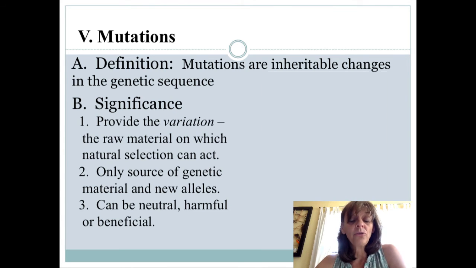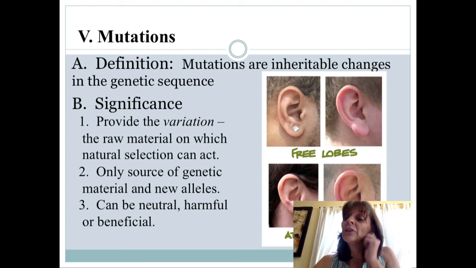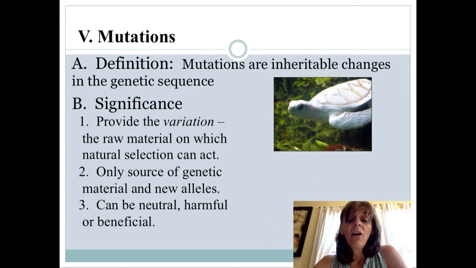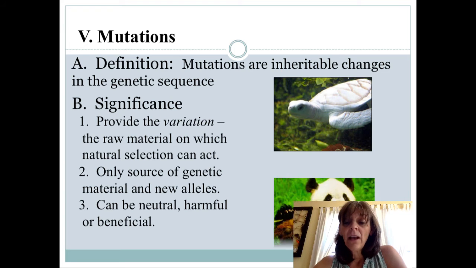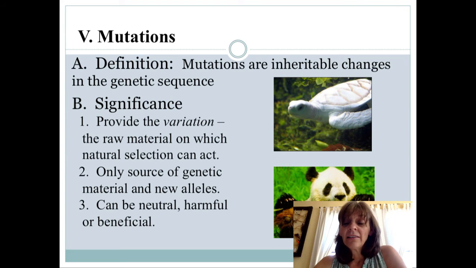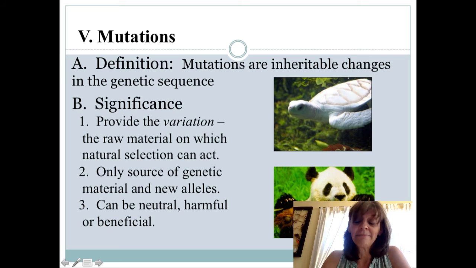They can be neutral, such as your free versus attached earlobes. They can be harmful, such as albinism, like this poor turtle. Or they could be helpful, like the false thumb that pandas have, that helps them hold the bamboo that they so like to eat.